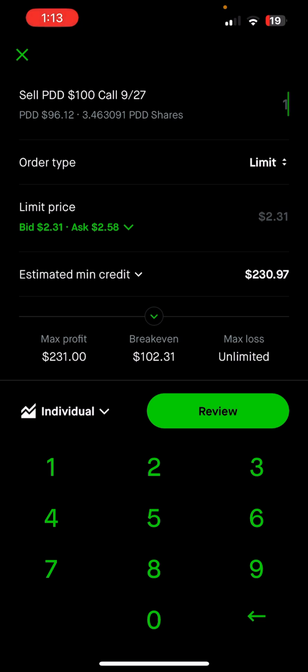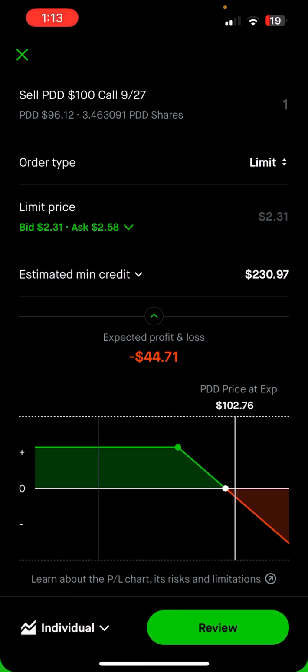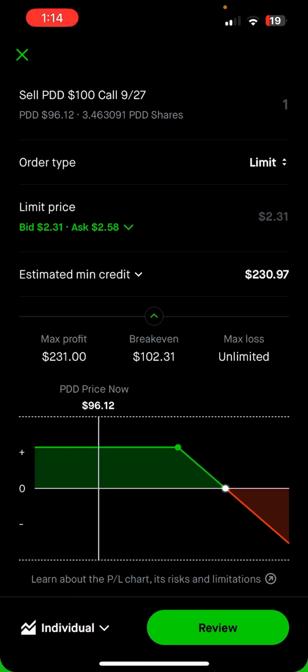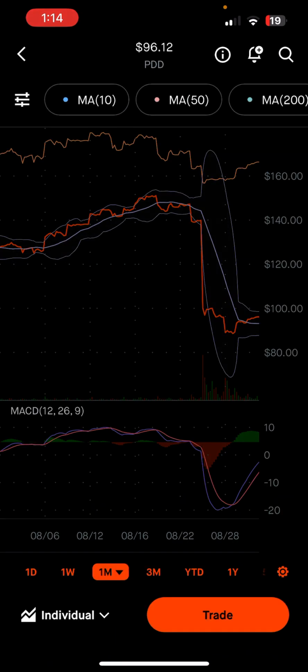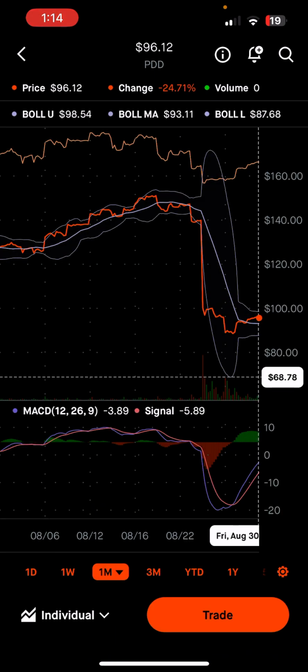And you would make $231 as long as the stock doesn't go above 102 in a month. And you could roll, or you could do any kind of management you'd like with that. So that would be a good trade because if you guys see here, it is unlikely to go above that 98.54 or 99.